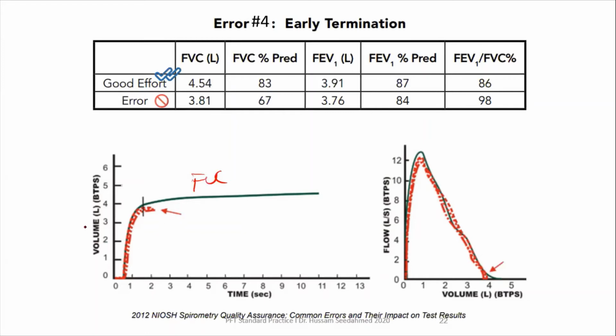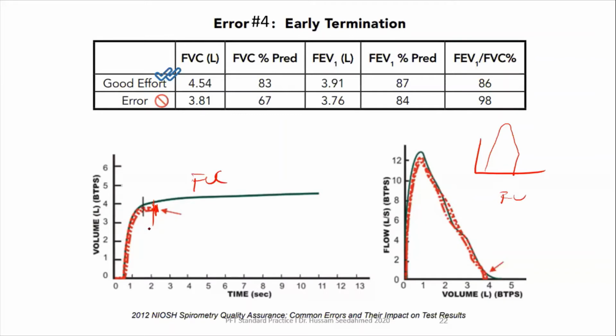In the volume time curve you will find the curve cut off here, it will not continue. In the flow volume curve we have an abrupt decline to zero. If you notice here, it normally goes smoothly back to zero, but in the abrupt case it is declining and suddenly drops. This is an abrupt decline to zero in the flow volume curve.